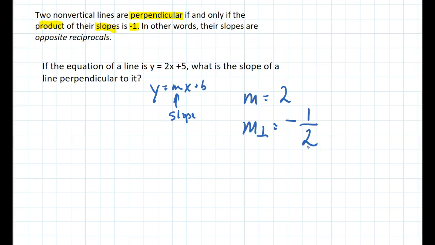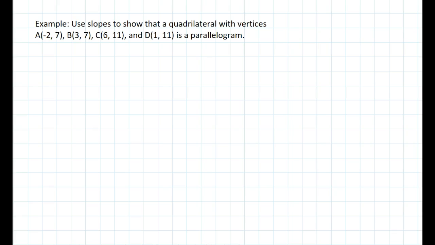All right, use slopes to show that a quadrilateral with vertices A at (-2, 7), B at (3, 7), C at (6, 11), and D at (1, 11) is a parallelogram. Okay, so let's get the slope of each side. So the slope from A to B is going to be (7 minus 7) over (3 minus negative 2), which is 0.